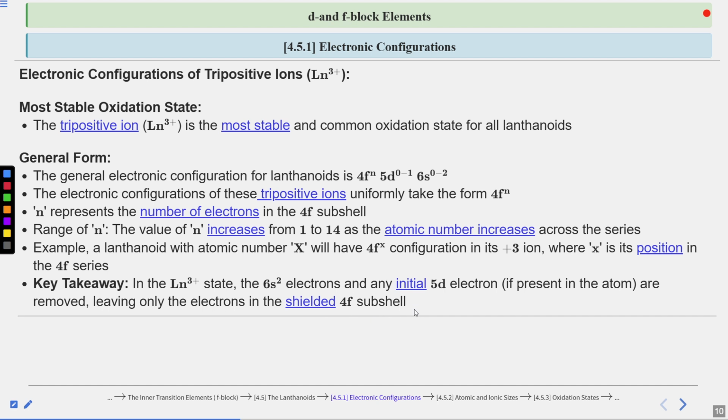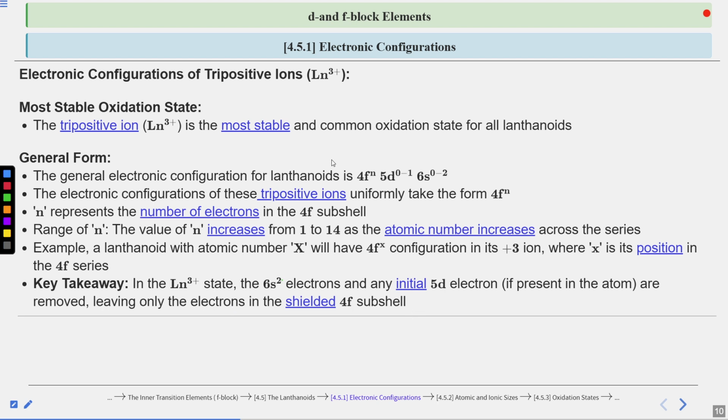So if you have a tri-positive ion of the lanthanoid series, the 6s2 electrons of that element and any initial 5d electron, if present, are already removed, leaving the electrons of that ion in the shielded 4f subshell.